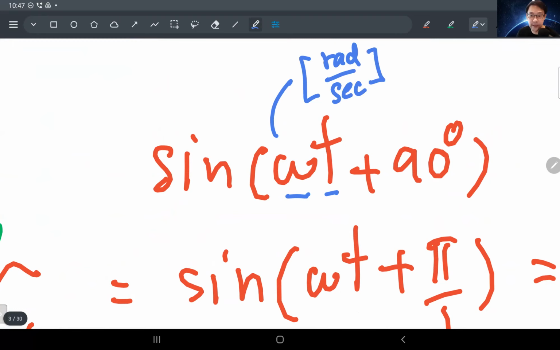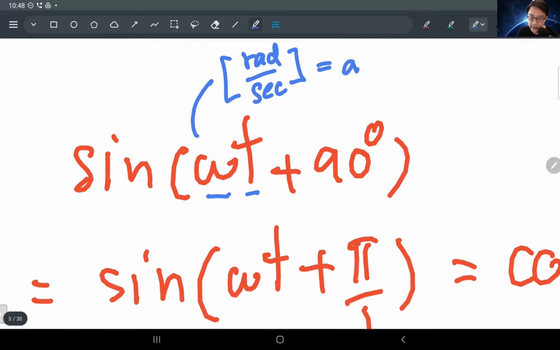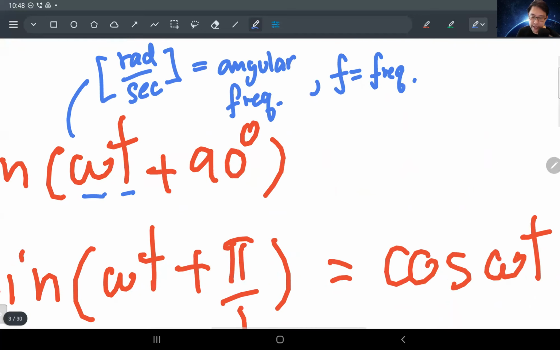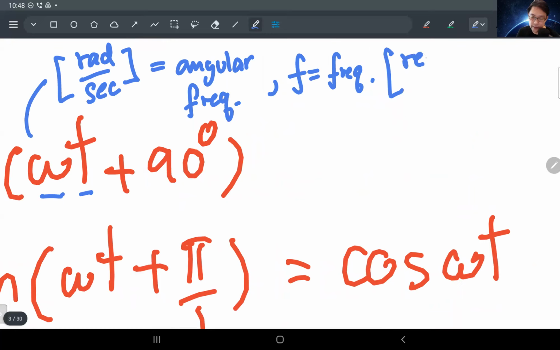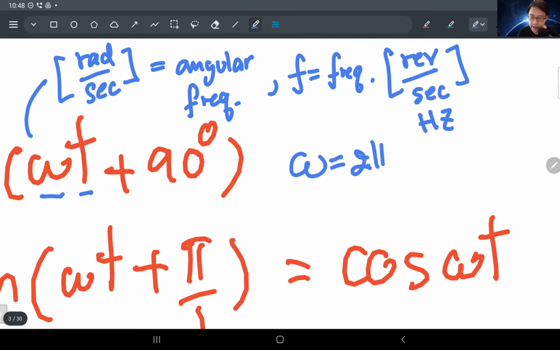So omega is the angular frequency, a frequency in units of radians. And f alone is just the frequency, in revolutions per second, which you can name hertz. The relationship between f and omega is 2 pi f.